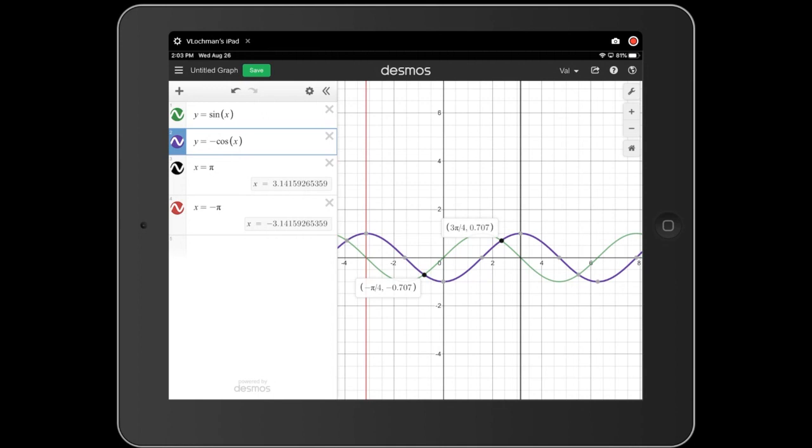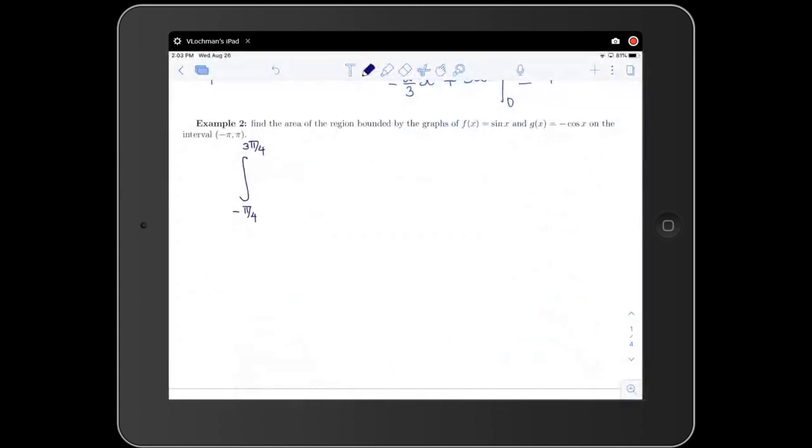So if you were to set up all 3 integrals, we have to be careful which function is top and which one is bottom. But we can just find this one area between negative pi over 4 and 3 pi over 4 and double it. In this case, sine is the top function minus negative cosine, so that would be plus cosine dx.